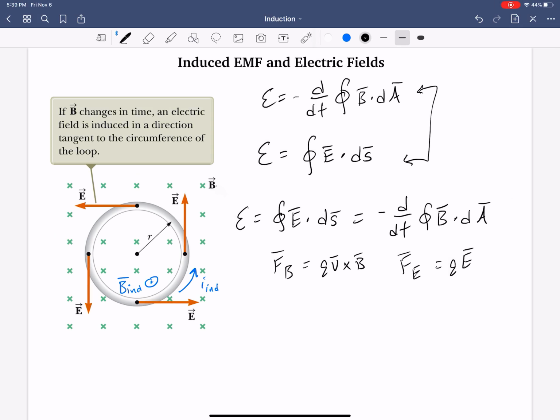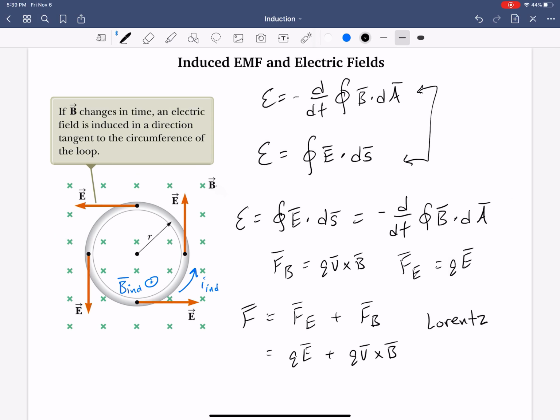QE, right? So this brings up what's called the Lorentz force. We can write it like this. It's simply the sum of both electric and magnetic forces. That's it. All right, this is the Lorentz force.